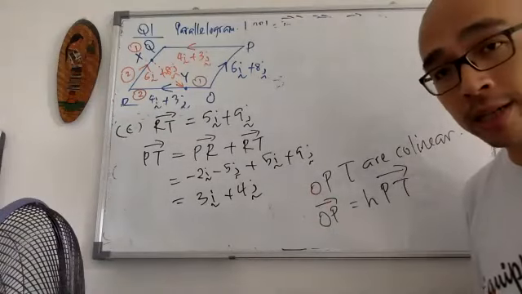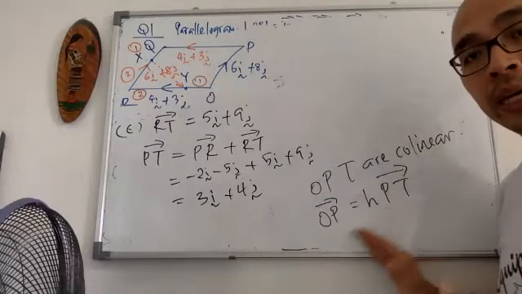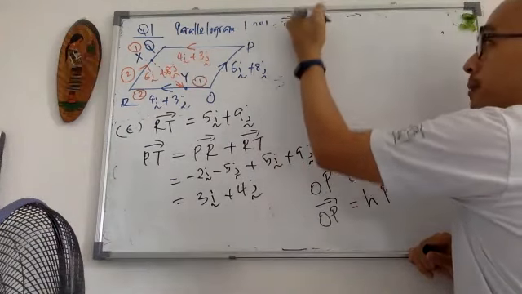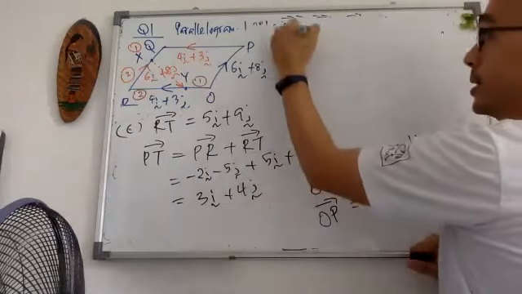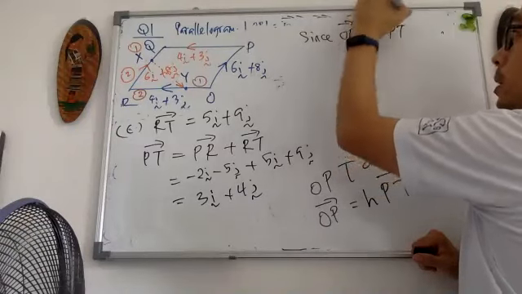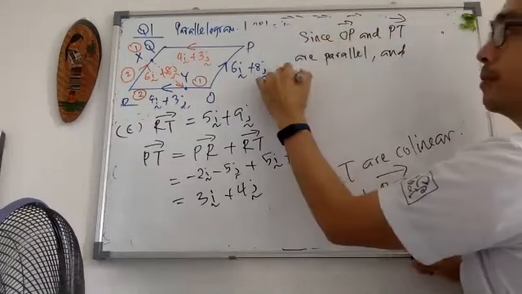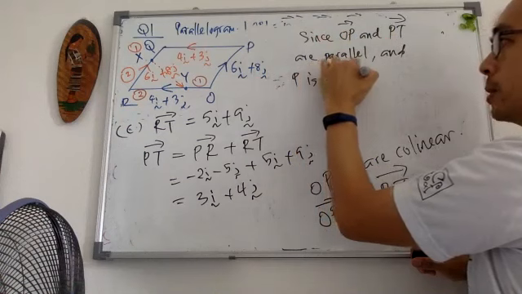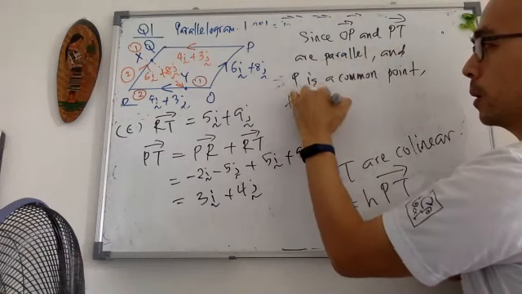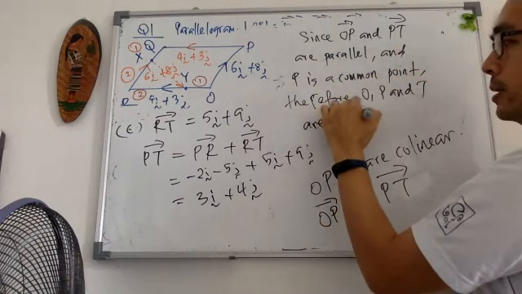After I do all the working, I find that I can actually factorize out PT or OP in a certain way. Then I will say this. I would probably write the sentence like this: Since OP and PT are parallel, and P is a common point, therefore O, P, and T are collinear.